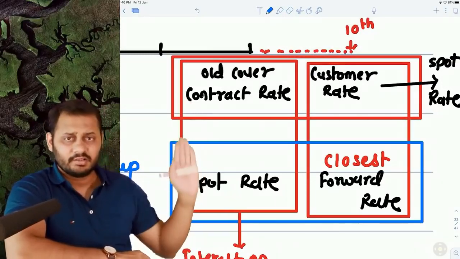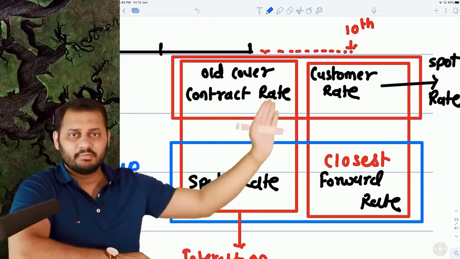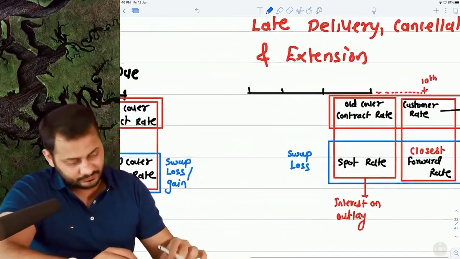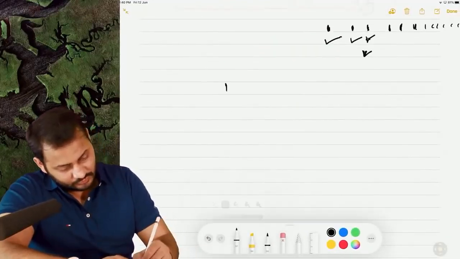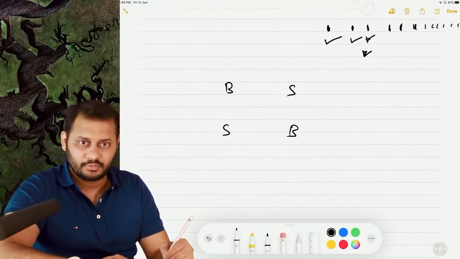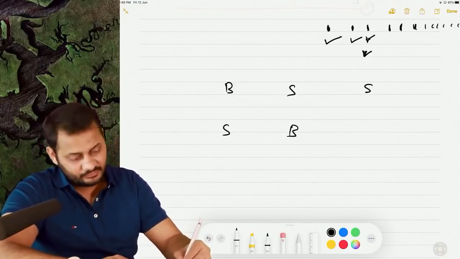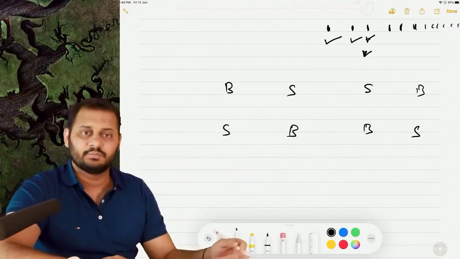If this is a buy, this will be sell. If this is a sell, this will be buy. So buy, sell, buy. It will always be like that. So if this is buy, this will be sell, this is sell, this is buy. Or if this is sell, this is buy, this is buy, this is sell. It will always be like cross.